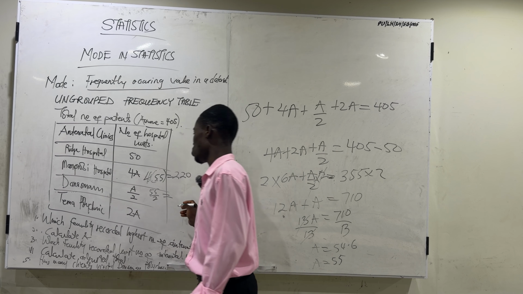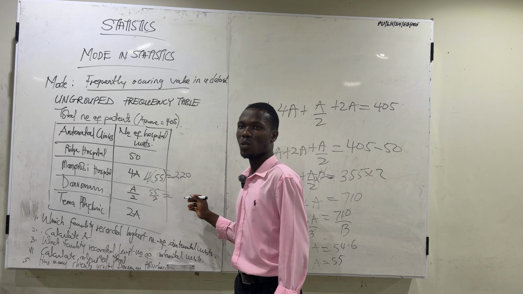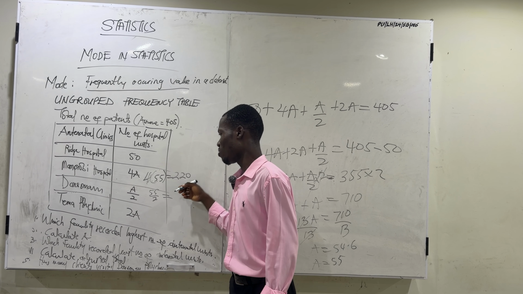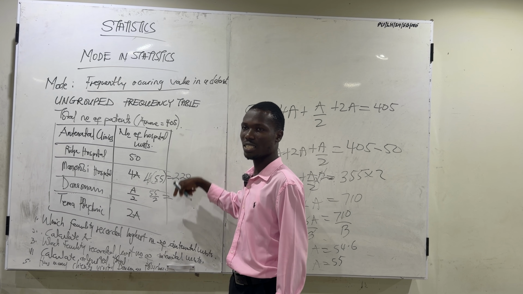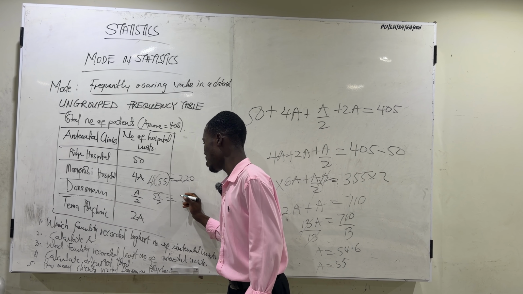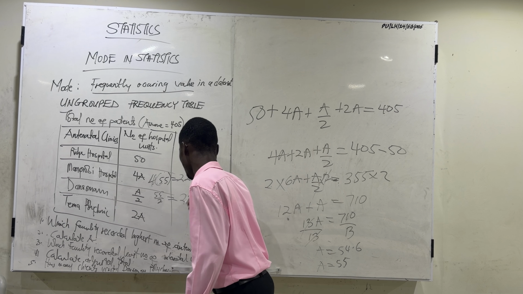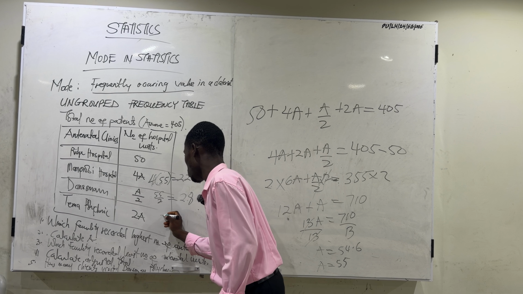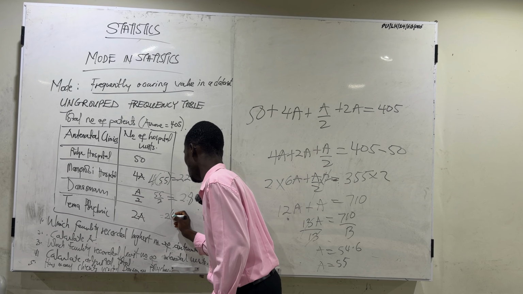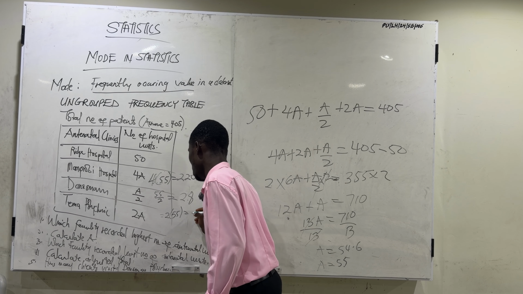And 55 divided by 2 gives us 27.5. But because it's a frequency, we will get 28. Now here becomes 2 times 55.